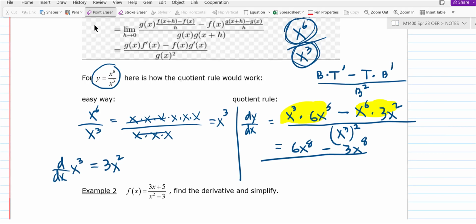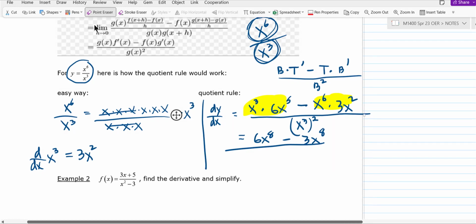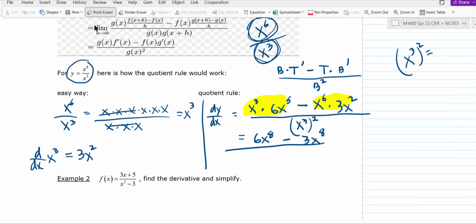Well, let's kind of remind ourselves why that is. If you have x to the 3rd to the 2nd, the shortcut that you're taught is if you have a power to another power, you're taught to multiply the exponents. Well, here's why. First of all, if you square something, squaring something means write something out twice, right? What you're doing is you're writing the x to the 3rd out twice. It means that you have two groups of 3.